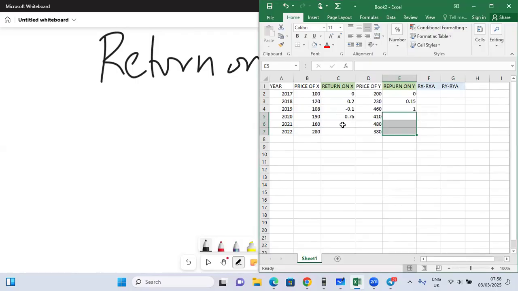All right, so here it is going to be equal to 160 divided by the previous one, bracket close.